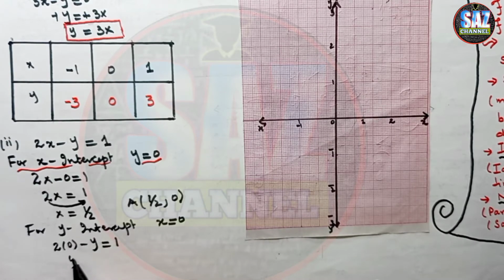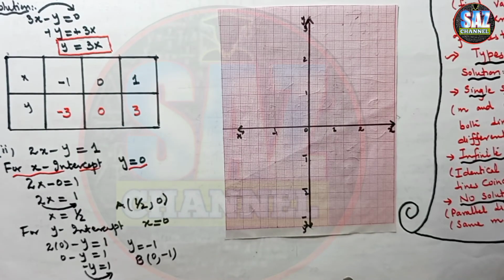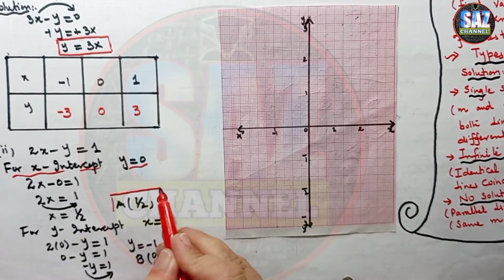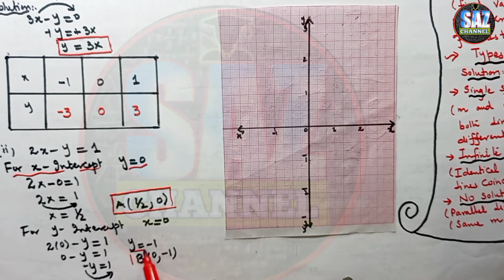This term will become 0, so minus y equals 1. Now shift the minus sign to the other side, so y will be equal to minus 1. So the second point for this line will be 0 with minus 1. Now for the plotting of the second line, I can plot these 2 points and pass the line through these 2 points.